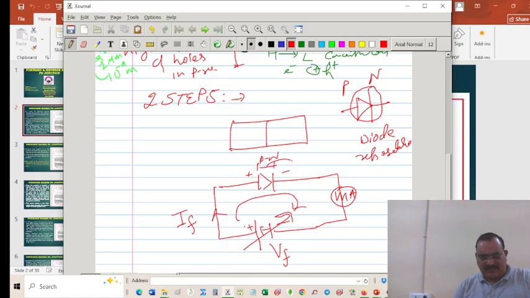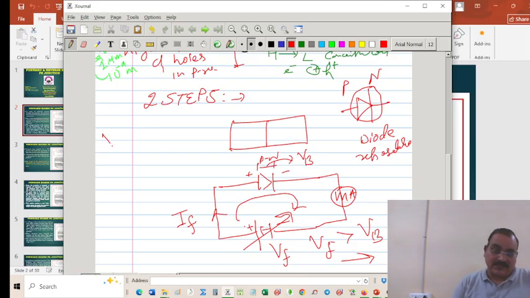There is the forward current, and there is another voltage due to the diode itself, that is the barrier voltage. If the forward voltage you apply is more than the barrier voltage, then there is a flow of current. Yes, it's also important.